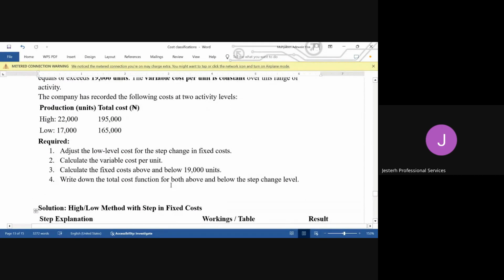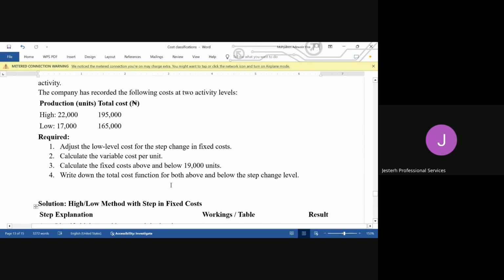Now, the requirement of this one is to adjust the lower level of costs for the step change in the fixed cost. Then we calculate the variable cost per unit. Then we are going to calculate the fixed cost above and below the 19,000 units of product. Now, in the first one that we prepared, there is no change in the fixed cost.